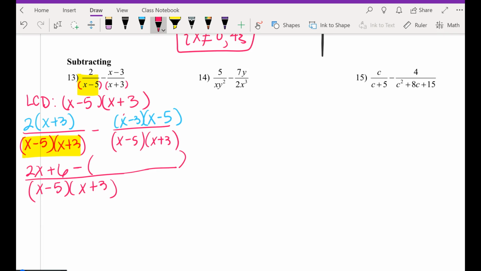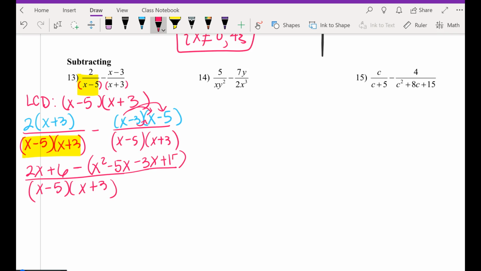So Arista, x times x is what? Good. x squared. Emma P, x times negative 5 is what? Negative 5x. Good. Then now in the middle, Amanda, negative 3 times x is? Negative 3x. Good. Negative 3 times negative 5 is now what, McKenna?